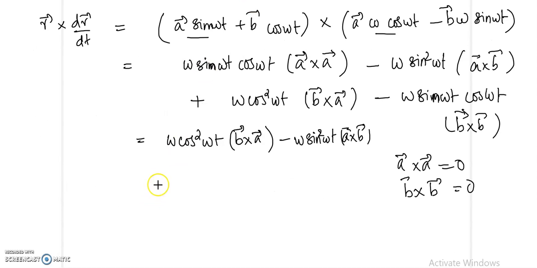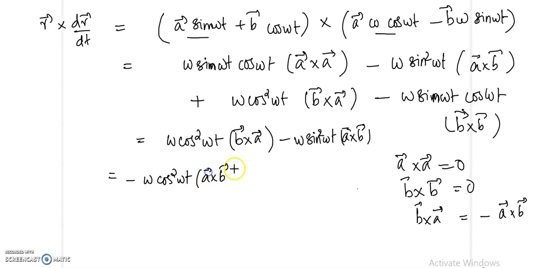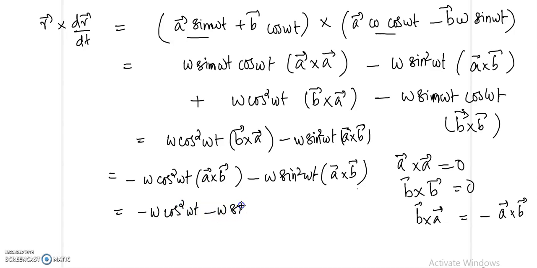Okay, b cross a will be equal to minus a cross b, so you will get minus omega cos square omega t a cross b minus omega sin square omega t a cross b, so that is equal to minus omega cos square omega t minus omega sin square omega t into a cross b.